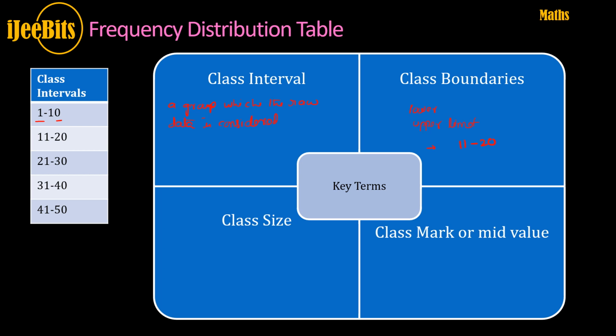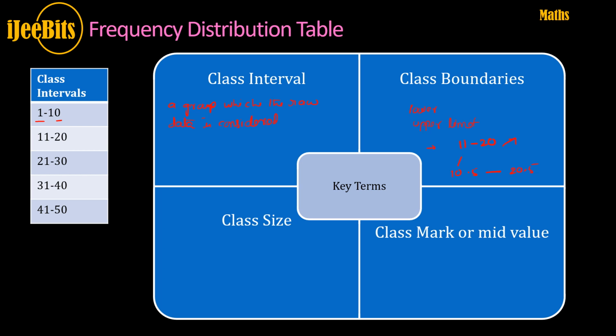That's it. You are not considering anything more. If at all inclusive, then the limit would be like 10.5 to probably 20.5, something like that. But mostly we will consider the first case only. First case would be your exclusive case.